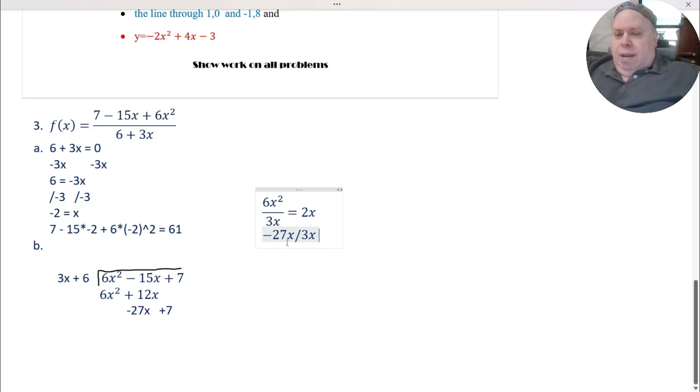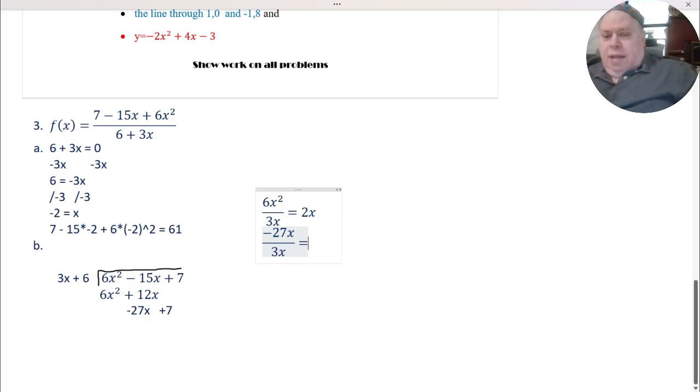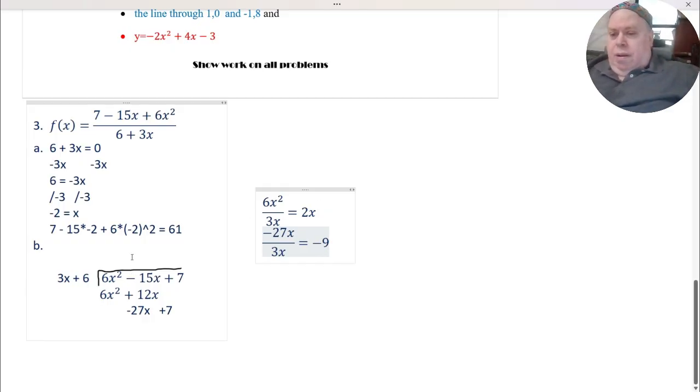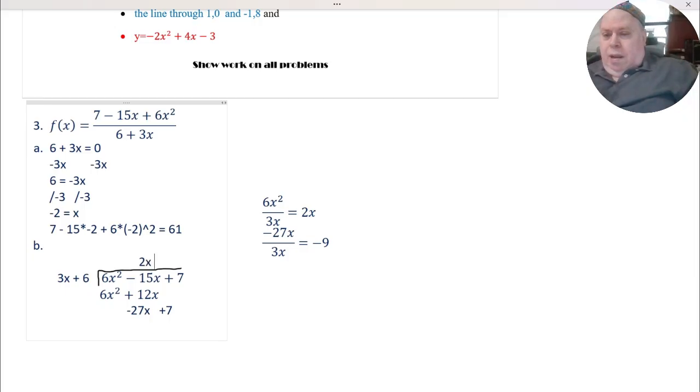Let me put that in parentheses so it comes out right. That's equal to minus 9. So this is going to be, we'll start with 2x, and then minus 9.